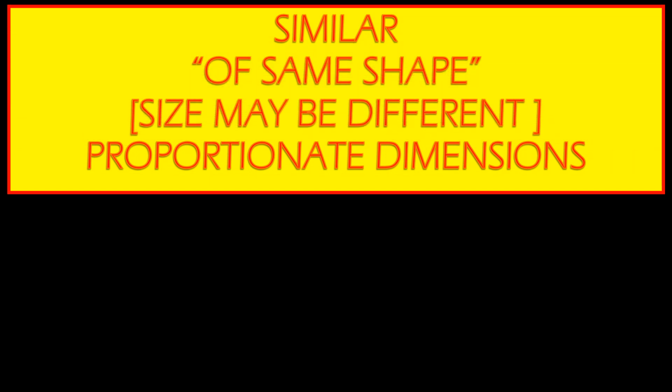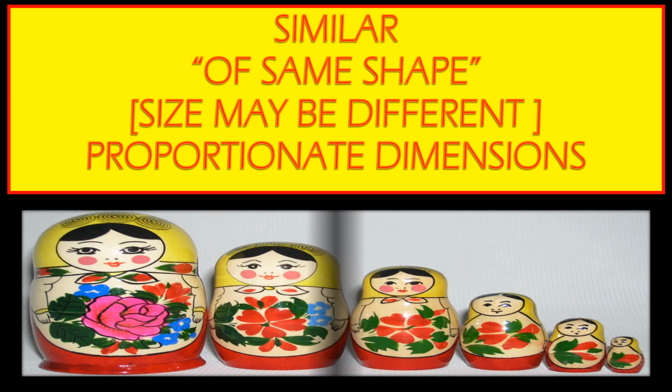Now, since similarity is the base of the chapter, let's clear this term similar. Similar means of the same shape, size may be different, means proportionate dimensions. Objects having proportionate dimensions. See this picture, these objects are similar. Their shape is the same, but size may be different, right?